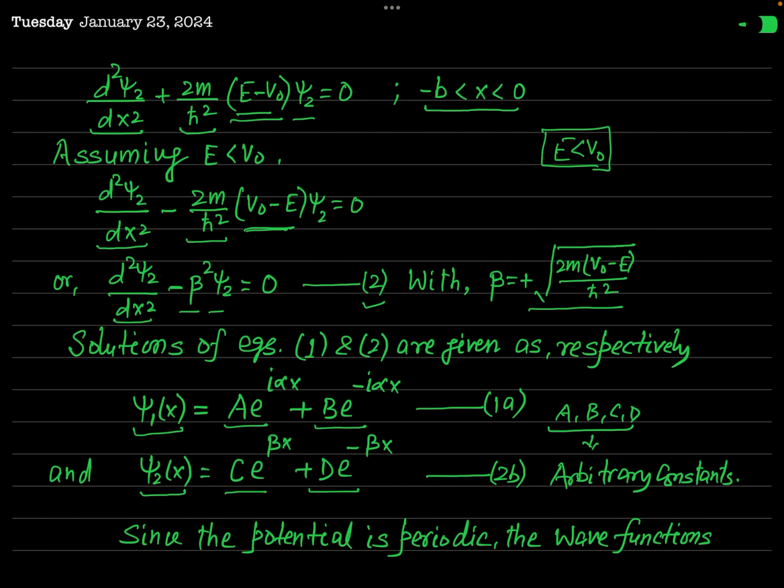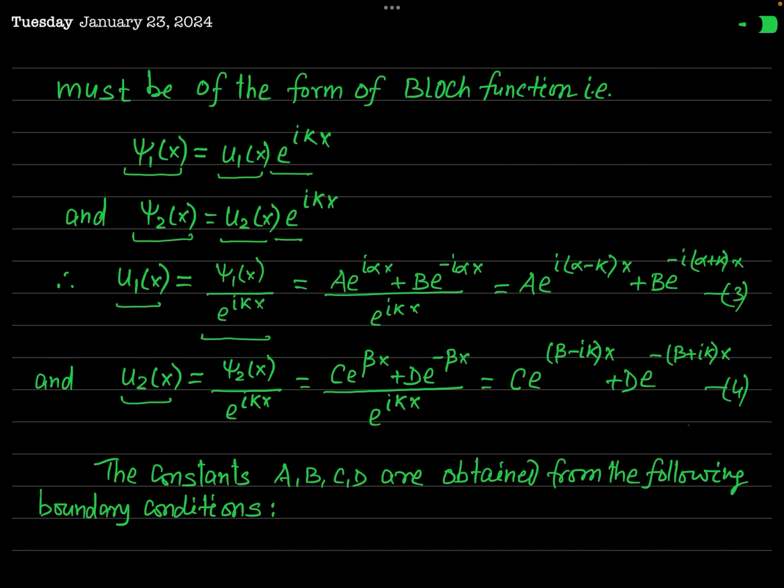But psi 1 of x we have defined in equation 1a, and this is a e to the power i alpha x plus b times e to the power minus i alpha x, over e to the power ikx. Now divide each term of the numerator by this factor e to the power ikx, and after dividing you will get that u1 of x is equal to a times e to the power i alpha minus k times x plus b times e to the power minus i alpha plus k times x. Okay? This is a very simple calculation.